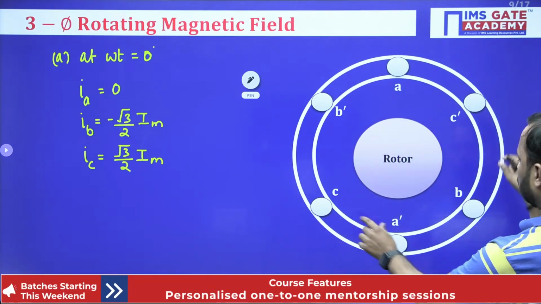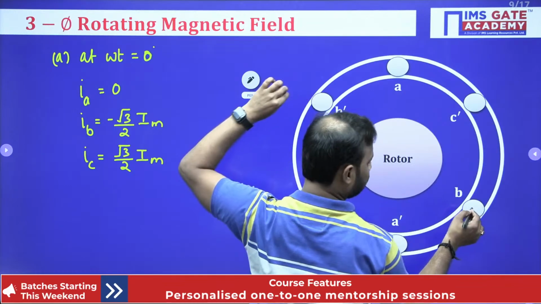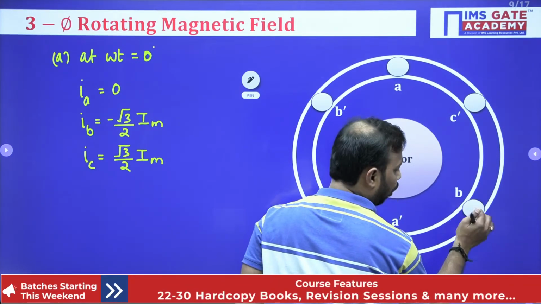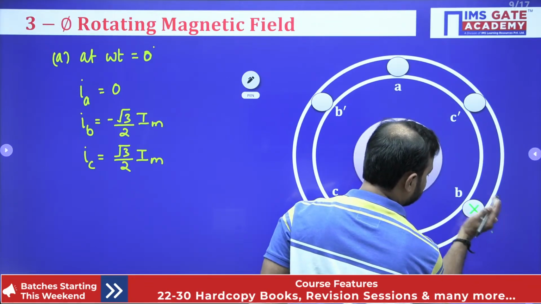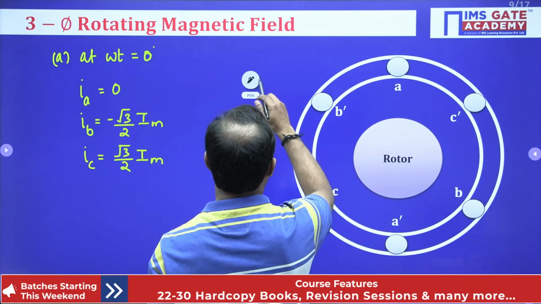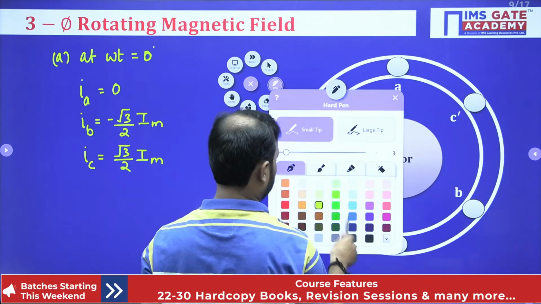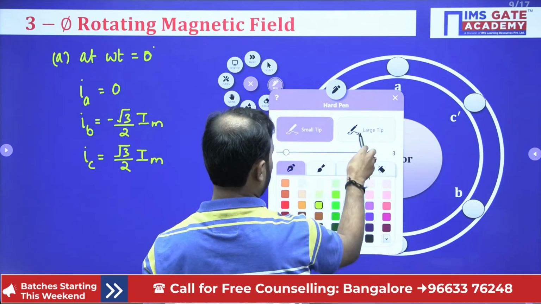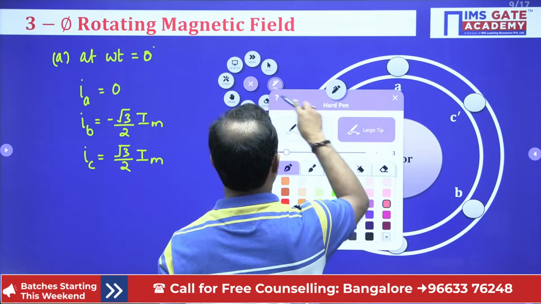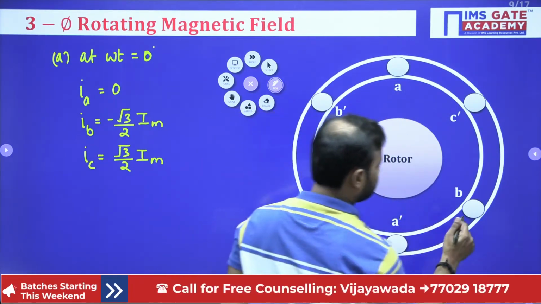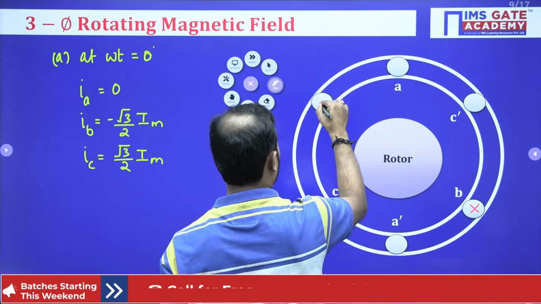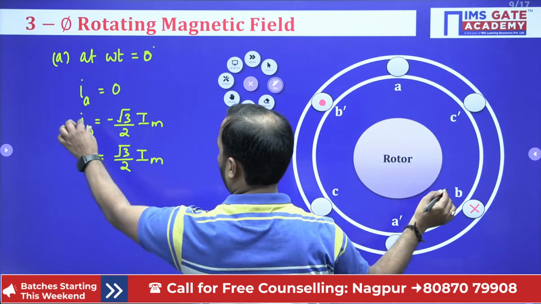So the current here has to be drawn in the reverse direction. Earlier it was dot, so this time it becomes cross, and this becomes dot for phase B current.